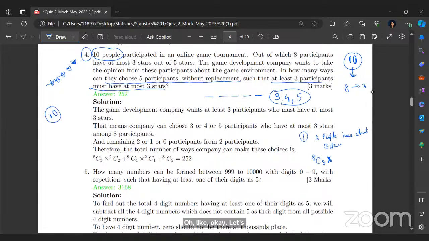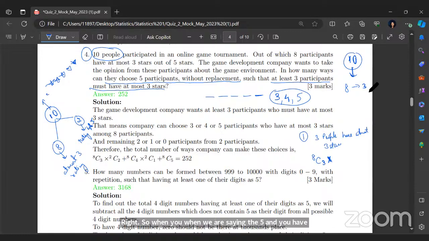There are 8 participants, and these 8 have at most 3 rating, and the remaining 2 have rating 4 and 5, right? This is what it says, correct? Is this clear for this part? Yes, ma'am. Right?